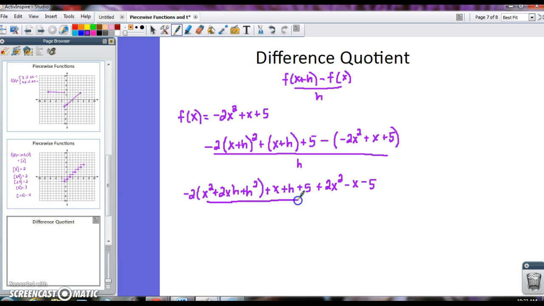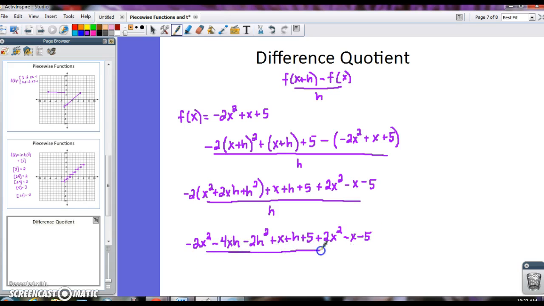I have all of that over h. Okay? And now if I go ahead and distribute my negative 2, I have negative 2x squared minus 4xh minus 2h squared plus x plus h plus 5 plus 2x squared minus x minus 5. All of that over h.